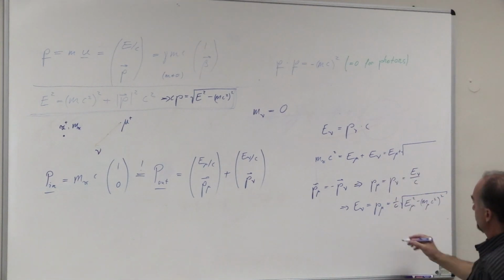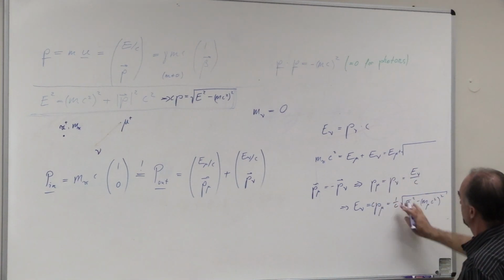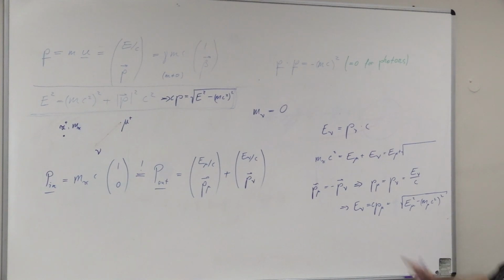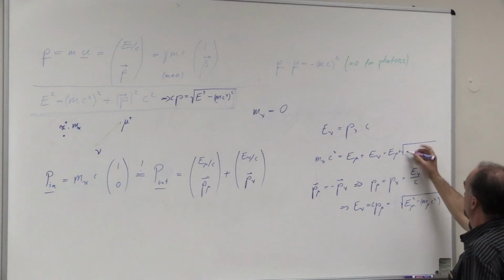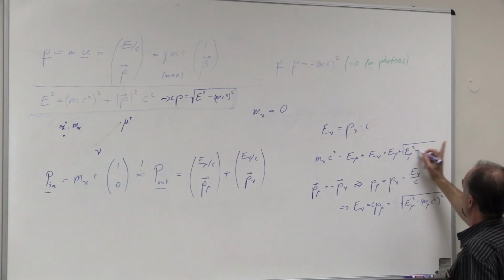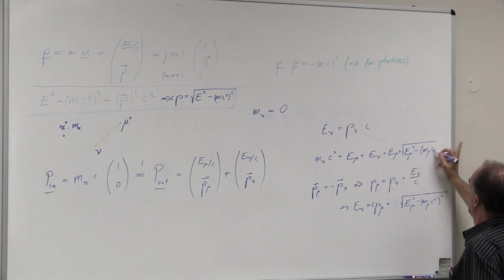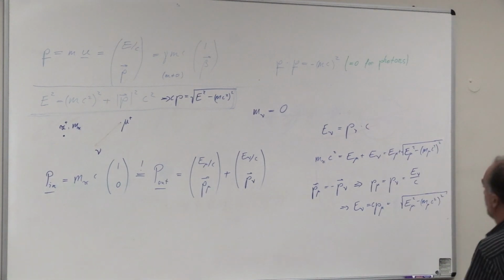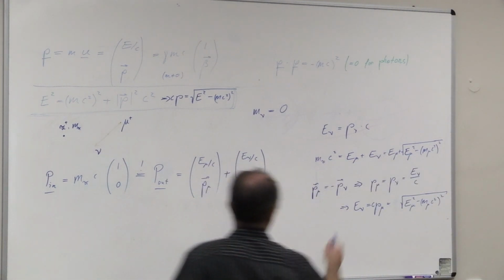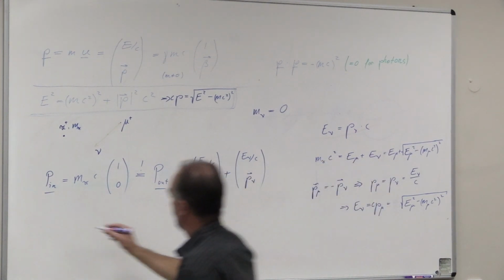So mu is, sorry, neutrino energy is theta. So it's E squared minus p squared c squared. Okay, so what you can do is essentially bring the E over here.